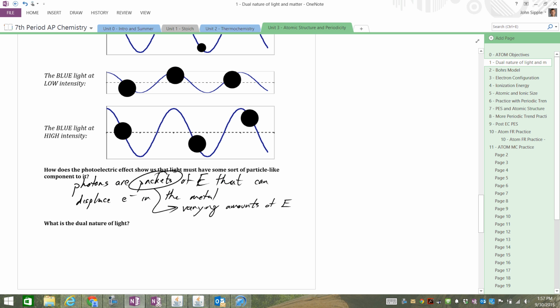Thus we have the whole dual nature of light. So light behaves as a wave and a particle. It's behaving as both a particle and a wave.